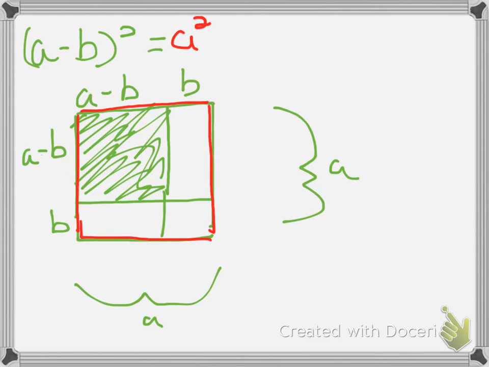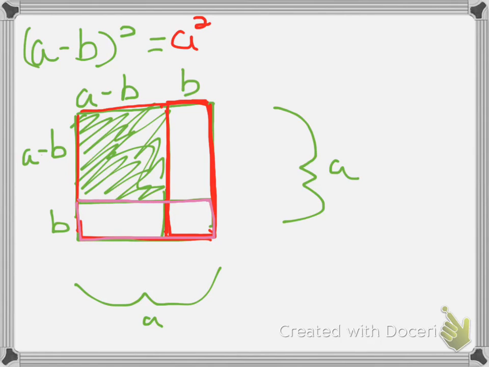Now, since this whole side is a and this is b, if I take away this, that's equal to ab. So I've taken away this region. Now, let me take off another ab, so two abs. Now that's going to be this region right here.